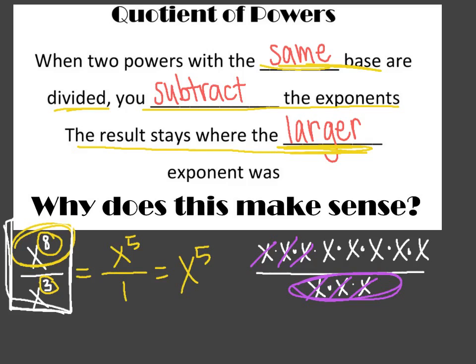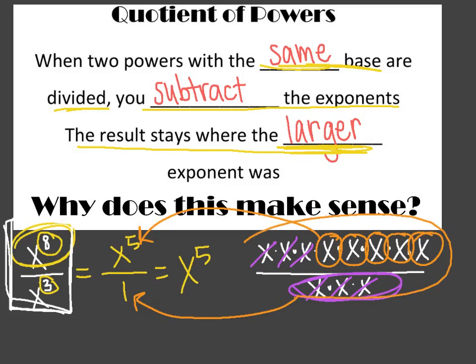Well, left over, I have 1, 2, 3, 4, 5 x's on the top. That is how I got this x to the 5th, and because the bottom of my fraction ran out of stuff, that's how I got to put the 1 there. Okay, so the shortcut allows us to do this much faster than writing out a bunch of x's all the time. But this is really why it makes sense.